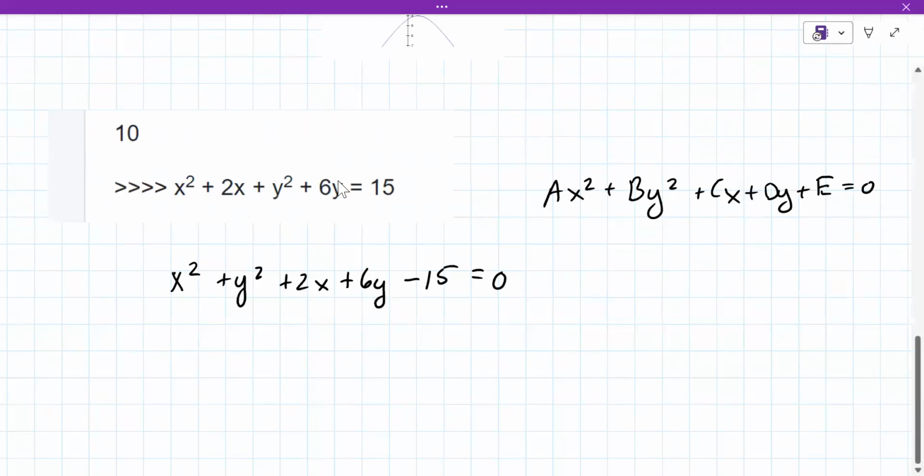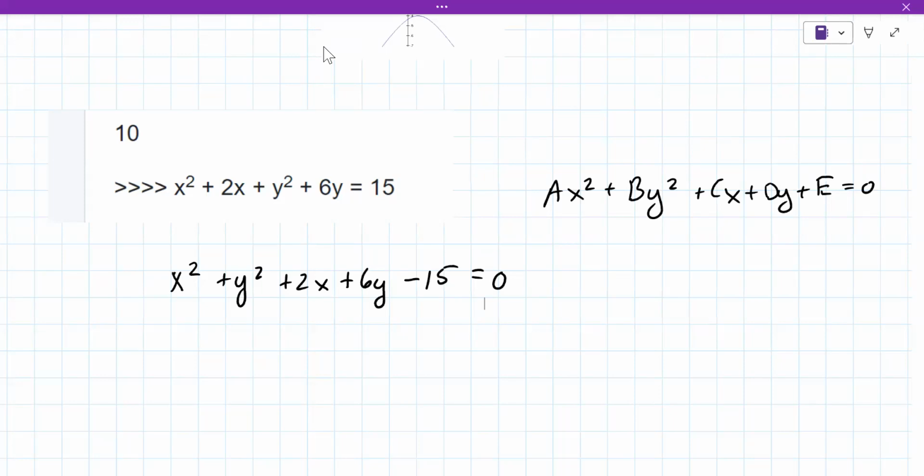Do you mind graphing this one more time just to confirm that it is a circle? Yeah, it's a circle. It is, right?